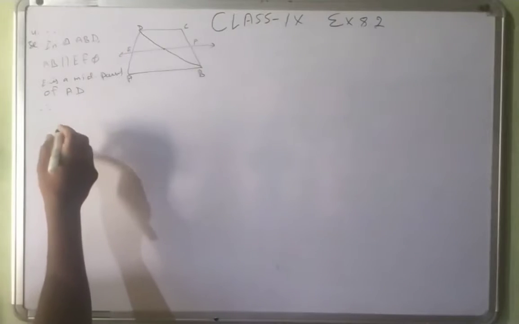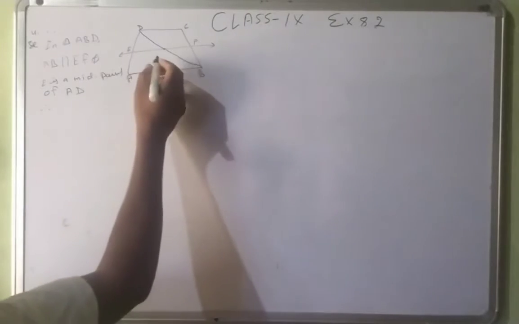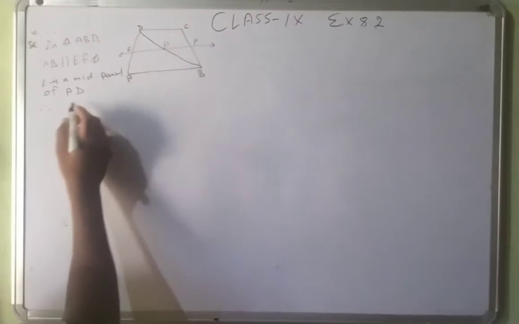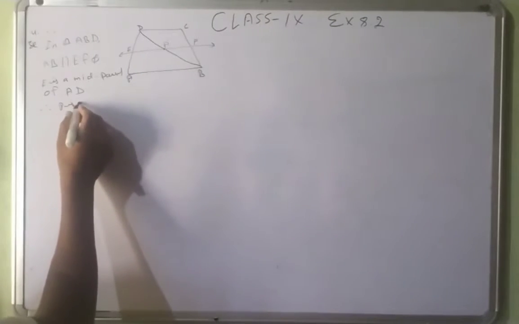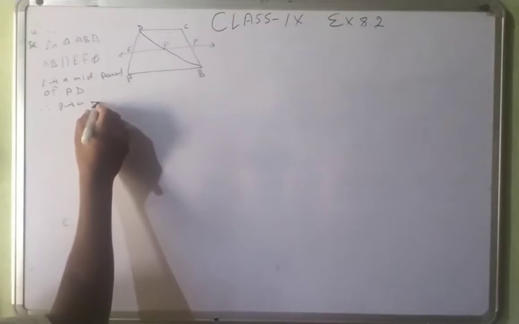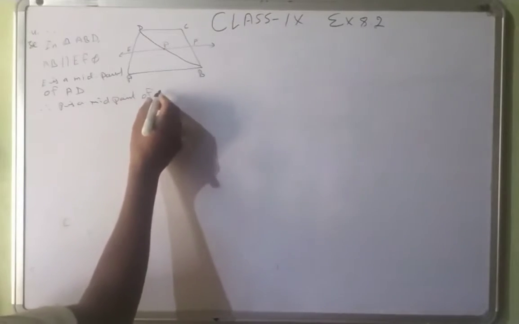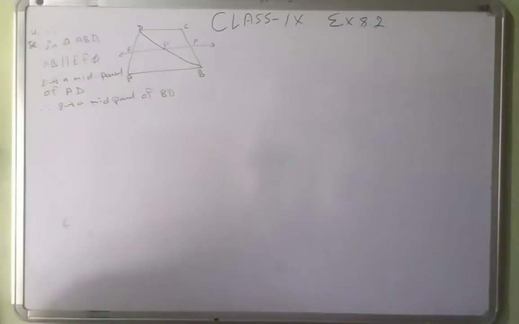So this one also, we can write the name of that P. So P is the midpoint of BD.